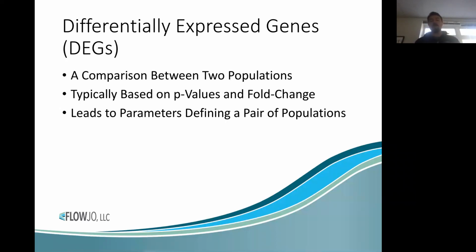And that just leads us to the best possible results with regard to further downstream analysis. It also leads to a set of parameters which define a pair of populations' different features, and you tend to get both up and down regulated gene sets based on this analysis.